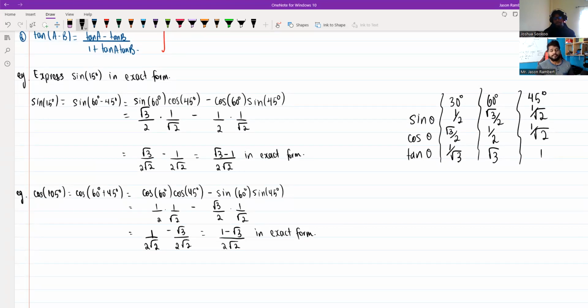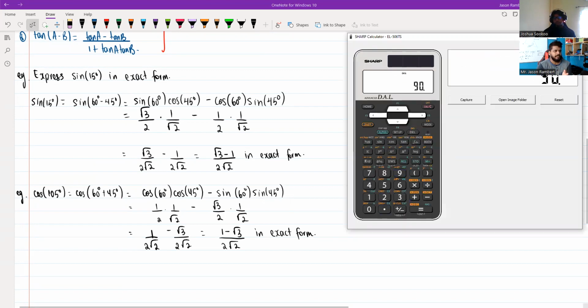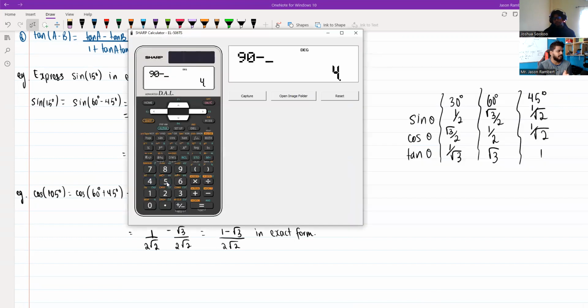And there are a number of different angles we can get, right? Remember, 0 degrees is included in this list for the angles, and 90 degrees is also included. So let's say 90 minus 45 is 45 degrees. 60 minus 45, we do this one as 15.